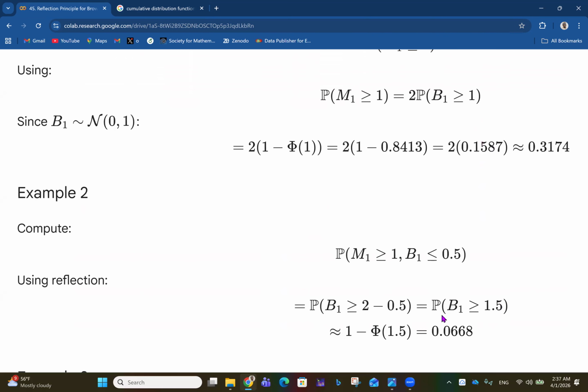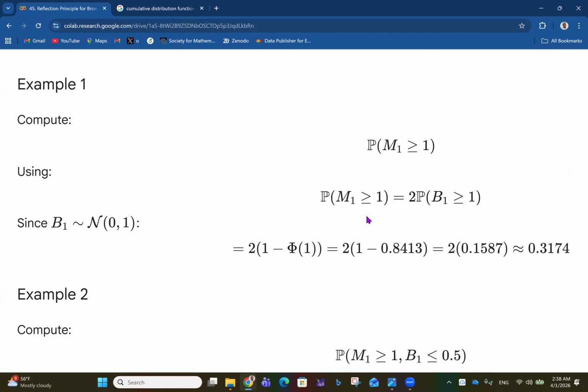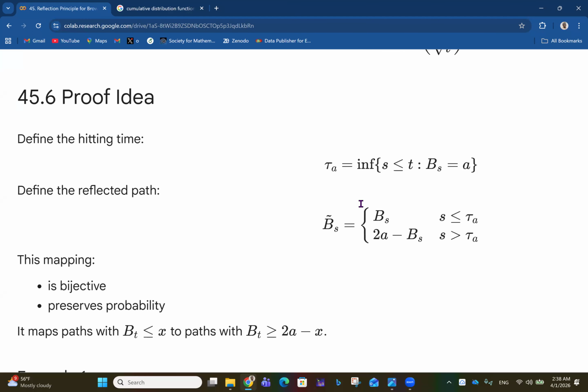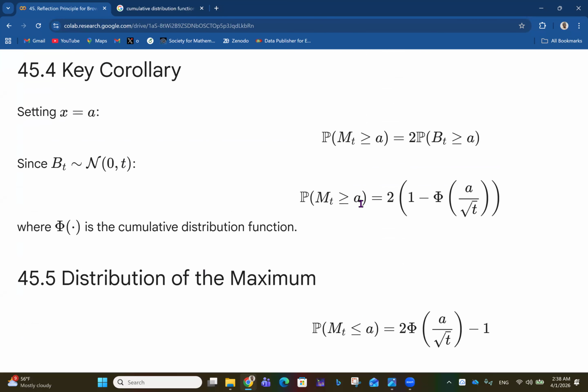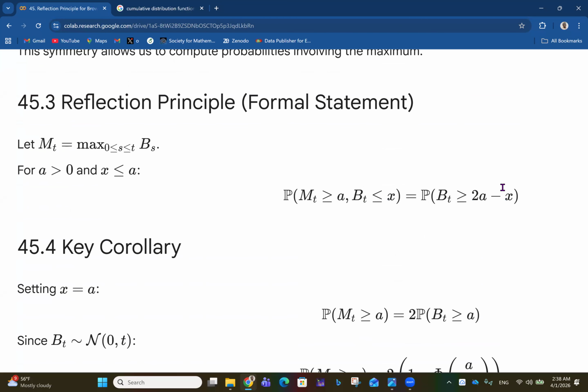For this one, this is just going to be 1 minus phi of 1.5. If you have just M1 like this, it will just go like that. But if we have it in the original form, it's the probability of 2a minus x.